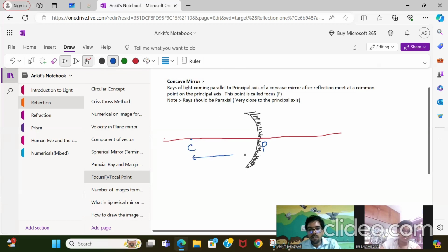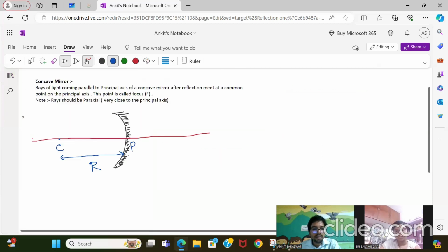This is the radius of curvature. For example, our object: if the object is at infinity, then light rays will be coming like this, parallel. If the object is at infinity, light rays come parallel, and these light rays are parallel to the principal axis. This is the principal axis.